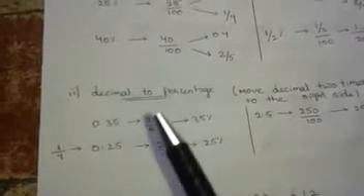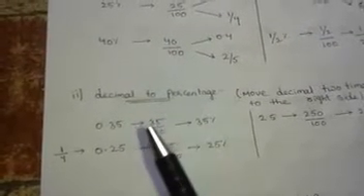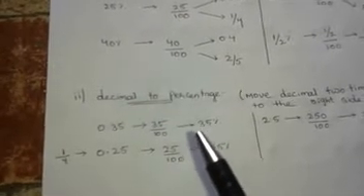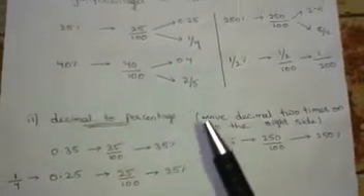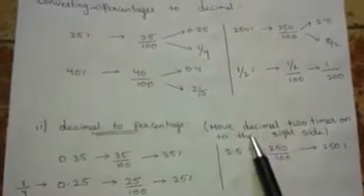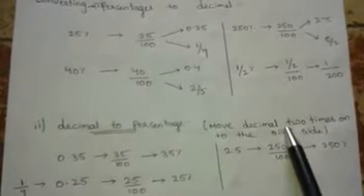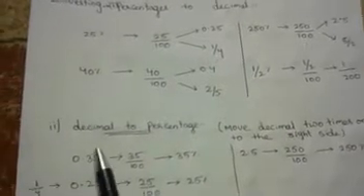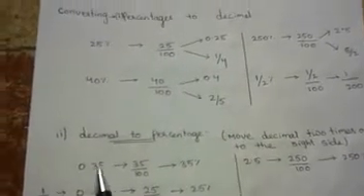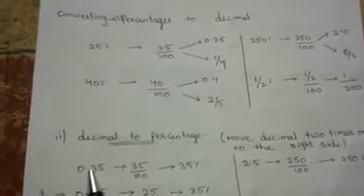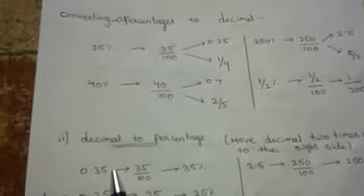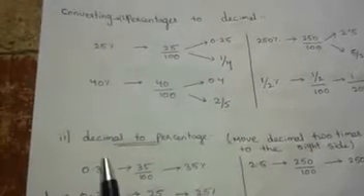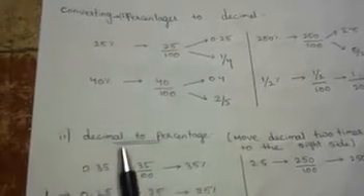If you want to convert it into a percentage, you do 35 by 100, that is 35%. The only thing that you need to do is move the decimal point two places to the right. Look at 0.35: if you move the decimal twice towards the right side, you get 35%. That's how you convert a decimal value into a percentage.